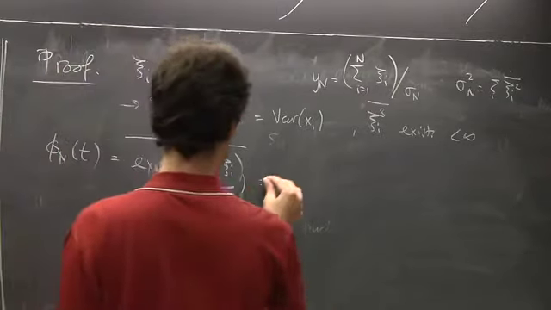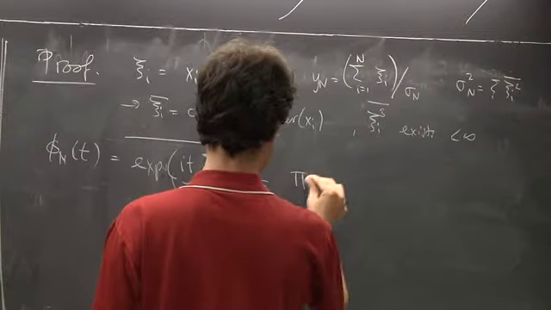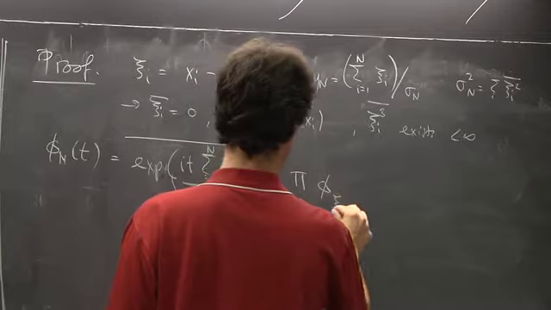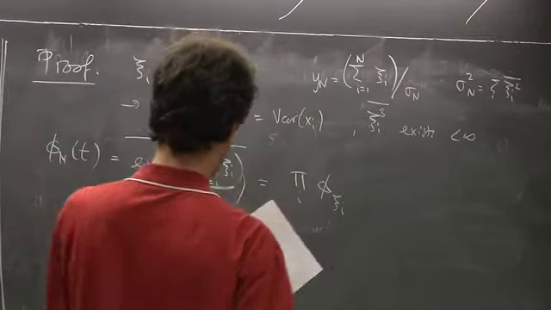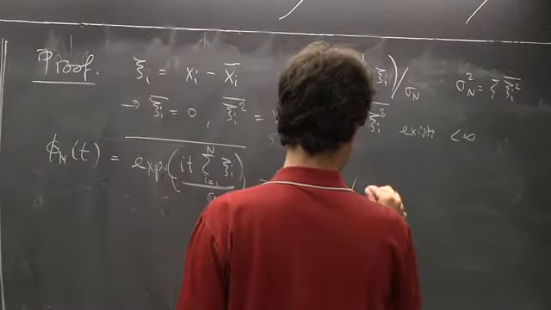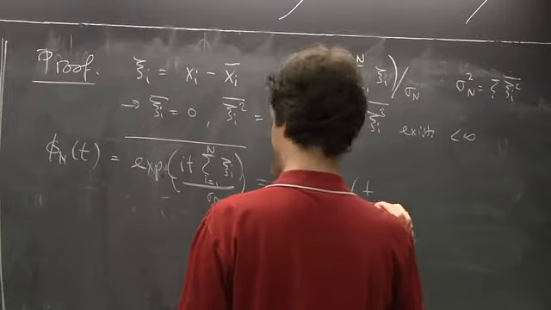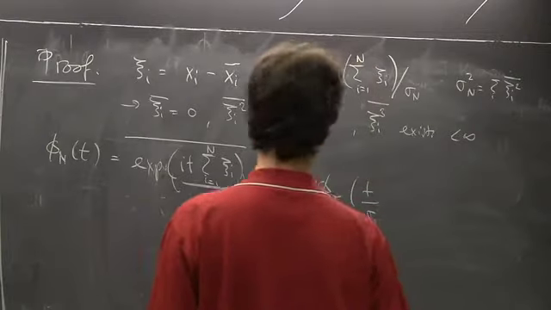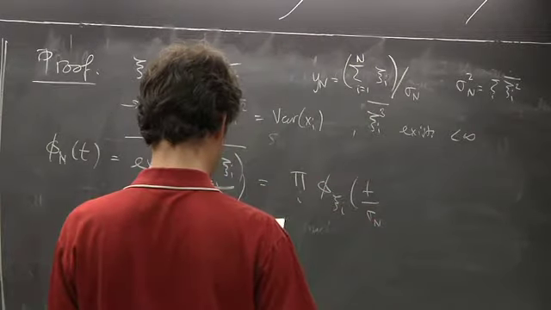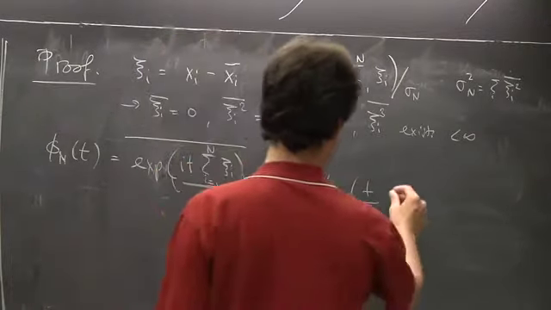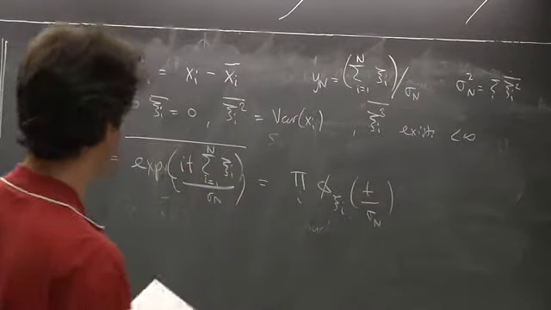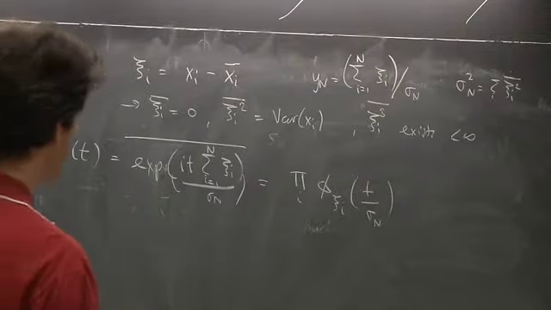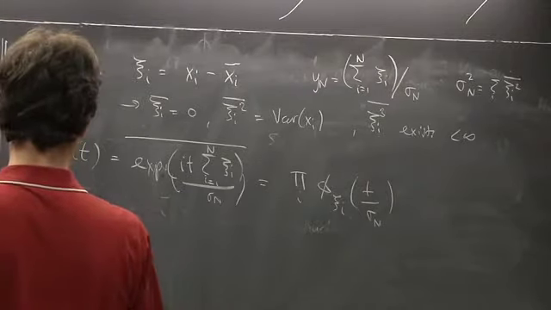Now we proved, or used already many times, that this is the product of the characteristic function of psi i at the value t over sigma n. Good so far? So what is the next step?